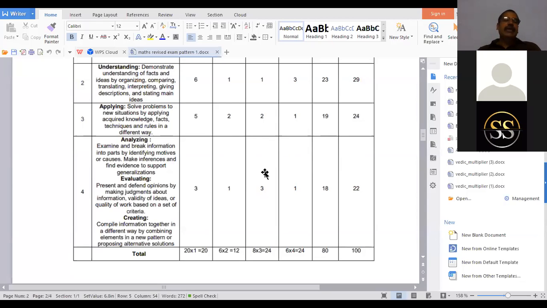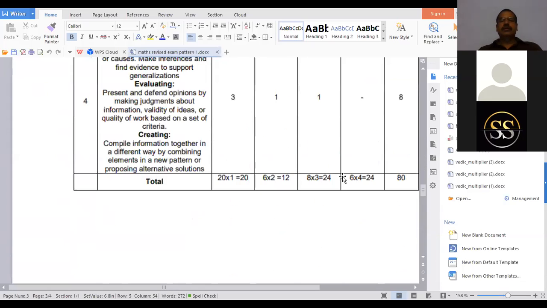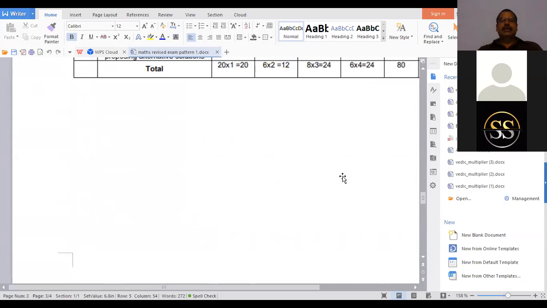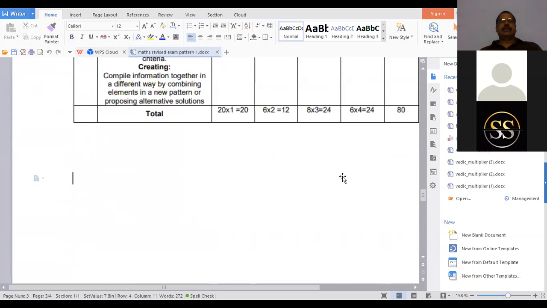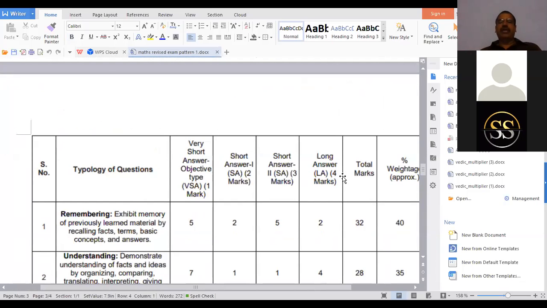Applying, analyzing, evaluating, creating will be more for you. For basic level, it will be less. See, once see the basic level. In basic level, understanding 35 marks, remembering 40 marks, 75 marks there only.